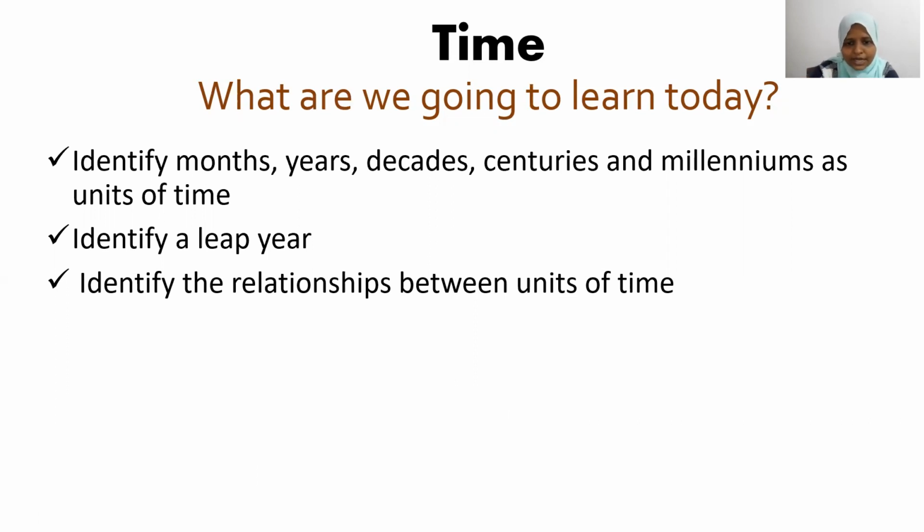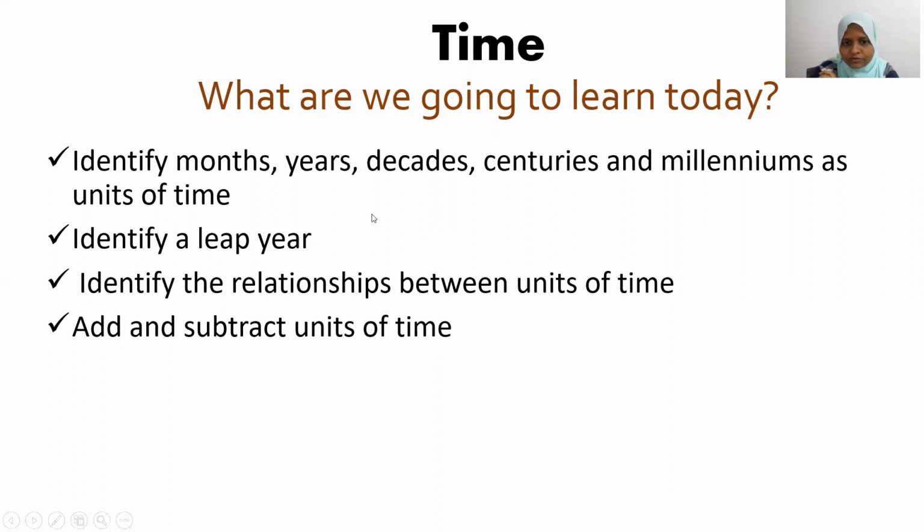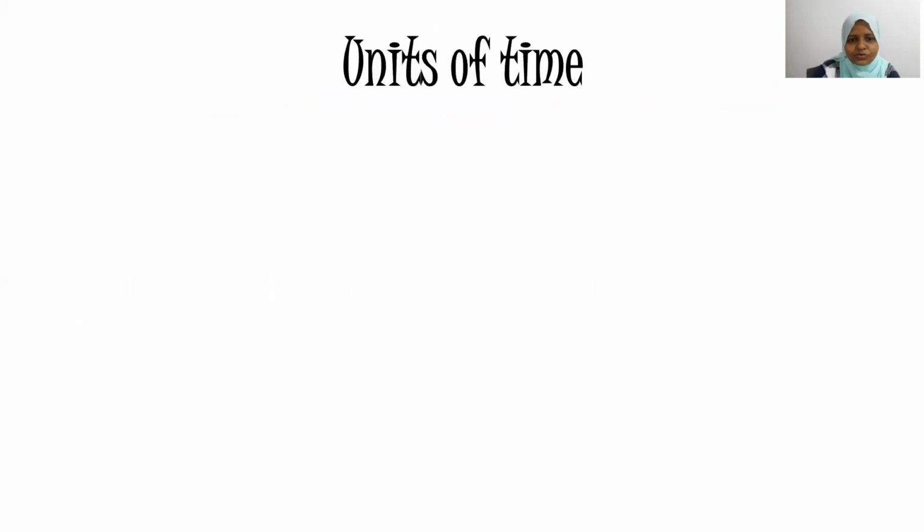We are also going to see how to add and subtract units of time. The first one and the last one, decades, centuries, millennium, and adding and subtracting, are a bit difficult. You have to really focus on them, but the other two are a little easy. As I told you before, don't skip anything, just go with the flow. Come, let's move.